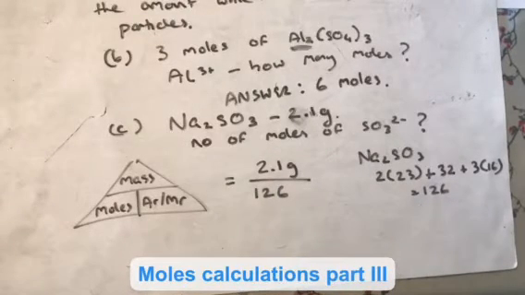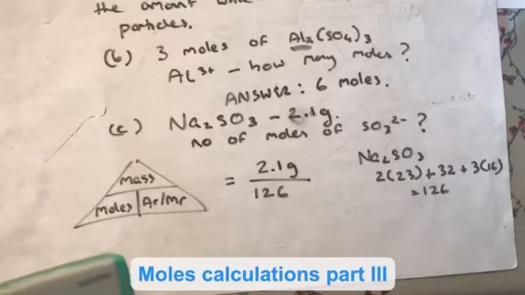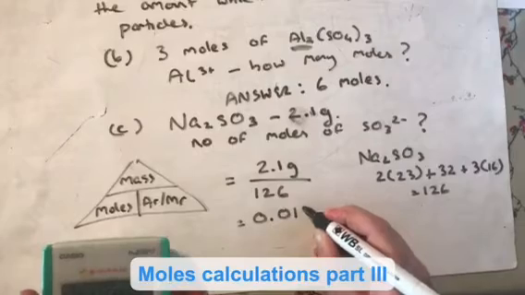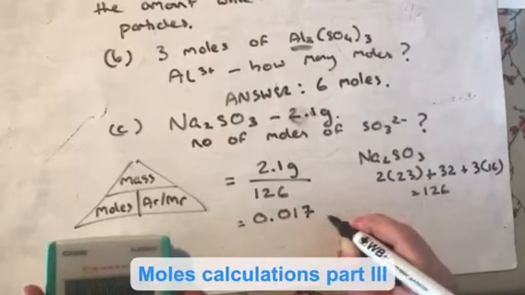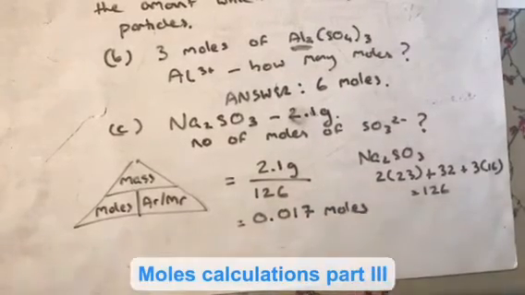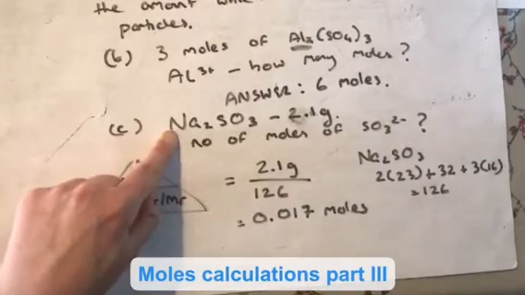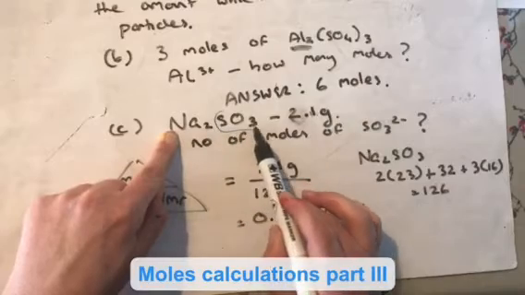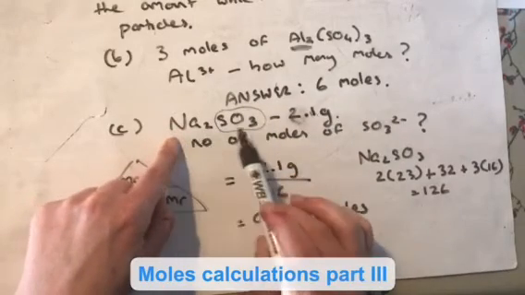Do that on my calculator here. 2.1 divided by 126, and my answer is 0.016 recurring, so 0.017 moles. Now let's look at the structure of our sodium sulfite. There is 1 sulfite ion per sodium sulfite.